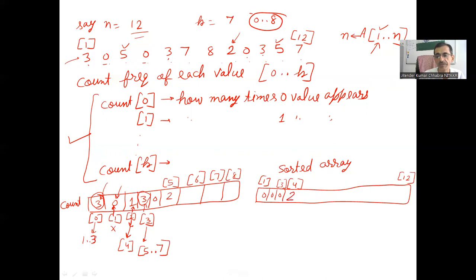So this value will be 2. And after that, value 3 appears 3 times. So I'm going to have it as 3, 3, 3 from index 5 to 7 and so on. So total values will be 12, and the values will get arranged like this.